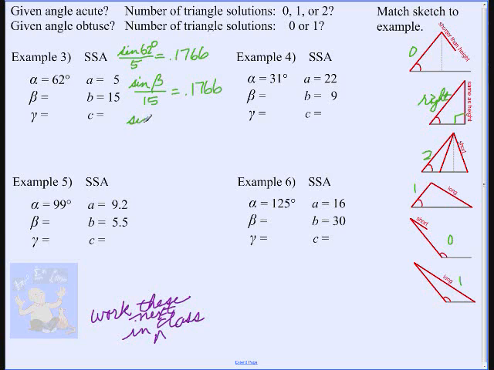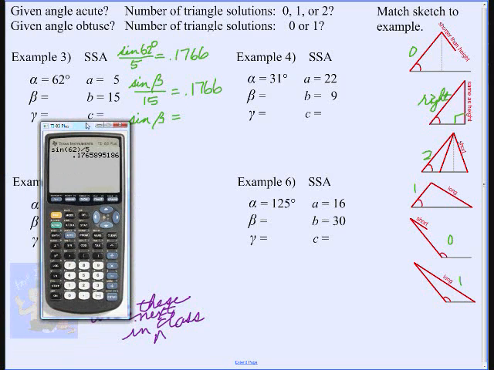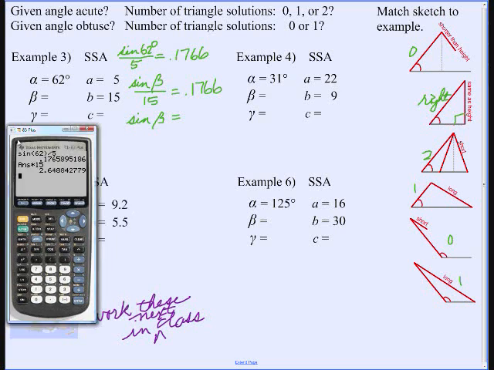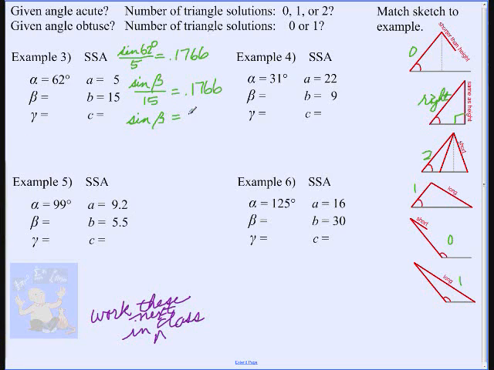So we know that the sine of beta is going to be that ratio multiplied by 15. So the sine of beta is 2.65. And what do you have to tell me about that? Impossible, right? So no solution.